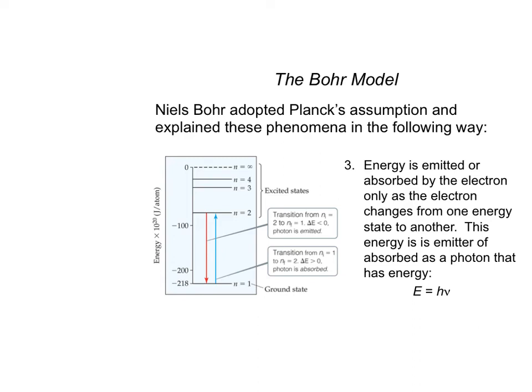So, for example, if we had an electron in a higher energy orbit, or a radius that was farther from the nucleus, when it fell to the lower radius, closer to the nucleus, it would emit this difference in energy between the two levels as light, right?